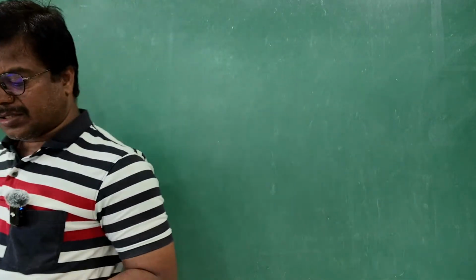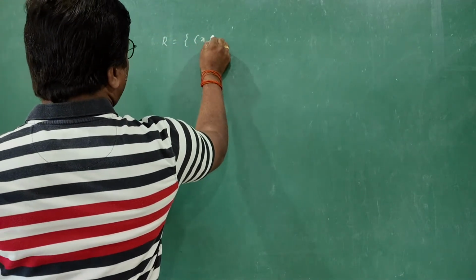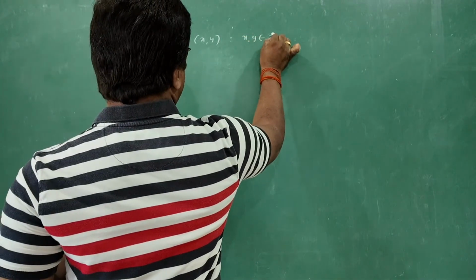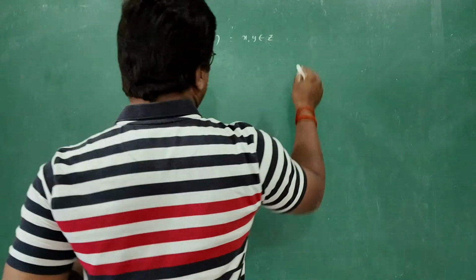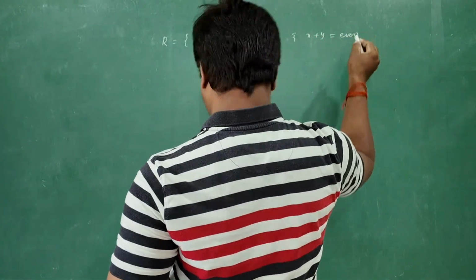The relation R is defined by the ordered pair x comma y such that x and y are integers and x plus y is even.